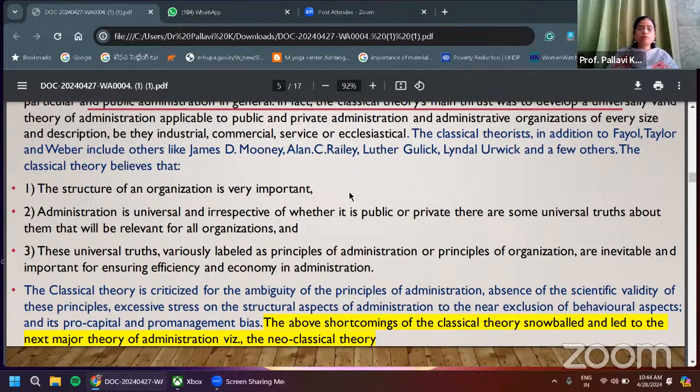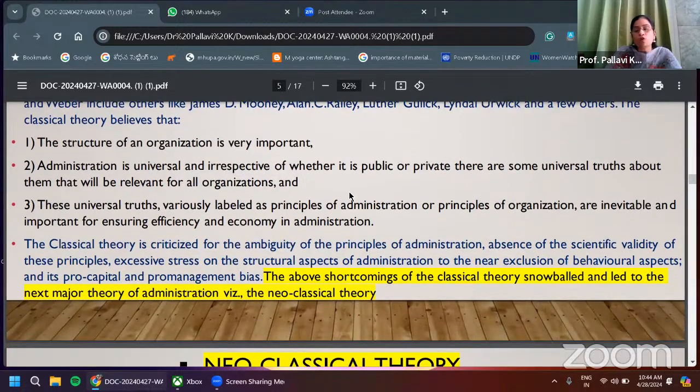So they believe that the structure of an organization is very important. And administration is universal, whether it is public or private. And the principles of organization are very important for ensuring efficiency and economy in administration. Now, what is the main purpose of any organization, which we discussed in the last class? For any organization, whether public or private, sustainability is very important, isn't it?